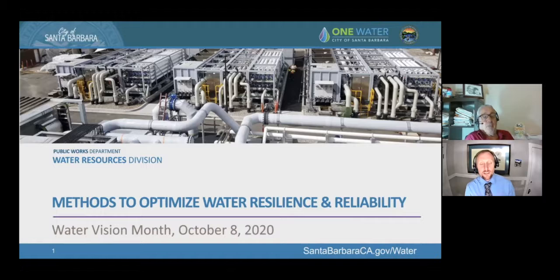In other Lunch and Learn presentations this week, we've talked about how we develop future water demand projections, how the city approaches water conservation, and of course, our current water supply portfolios. Today, my goal is to talk about what options exist for optimizing water resilience and reliability. And for those who are not sure what the difference between resilience and reliability is, we're going to answer that question too.